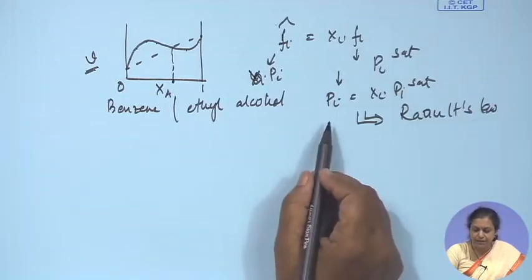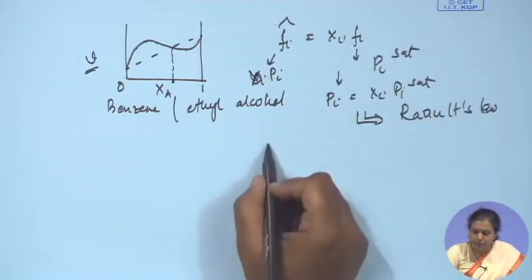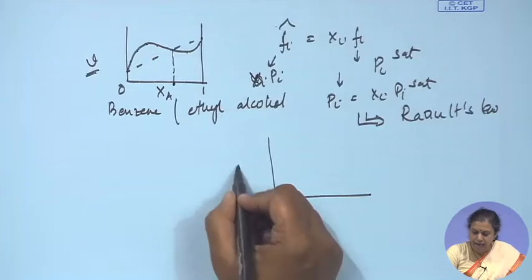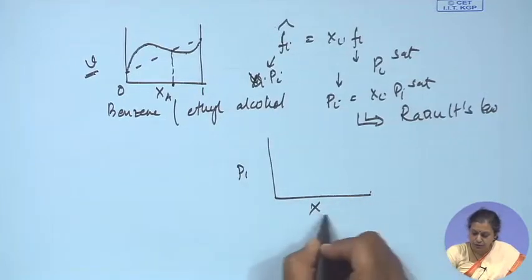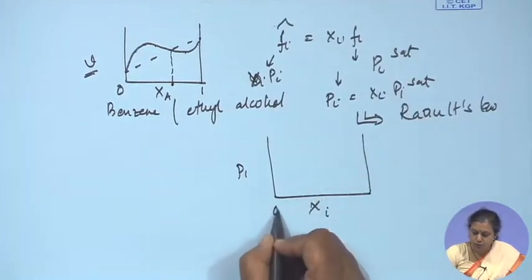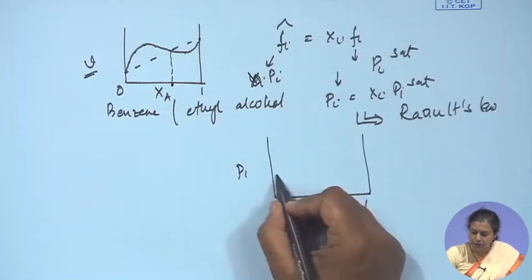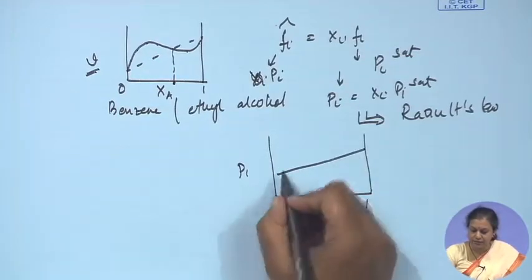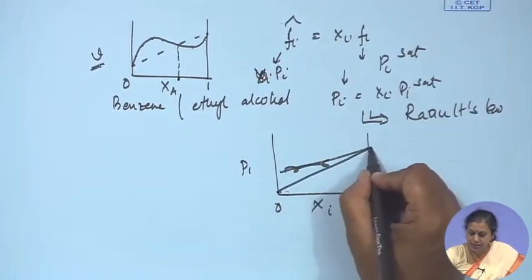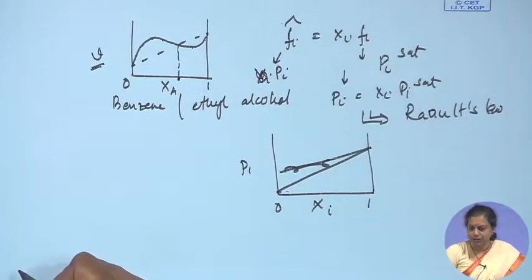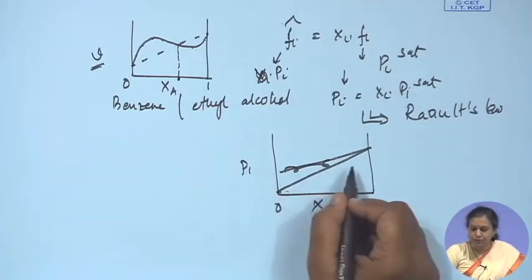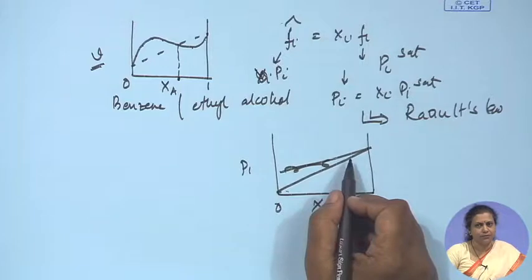So, the safest thing is if you plot the partial pressure as a function of mole fraction over the entire range, and you get a linear curve in this particular fashion, then you know that the solution obeys the ideal solution model.